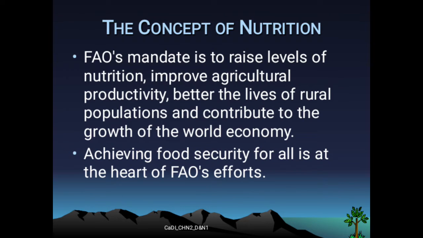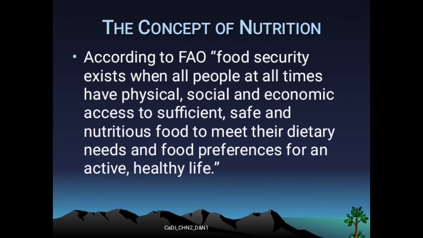FAO's mandate is to raise levels of nutrition, improve agricultural productivity, better the lives of rural population, and contribute to the growth of the world economy. Achieving food security for all is at the heart of FAO's effort.